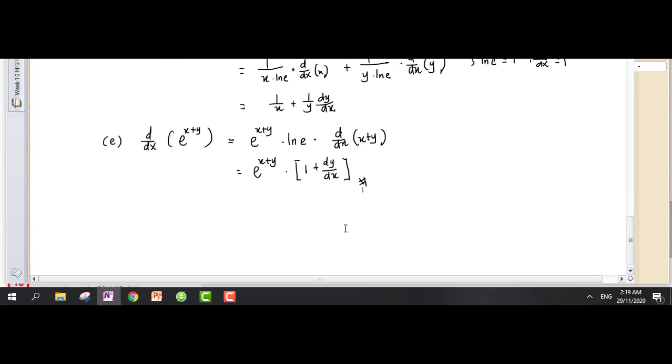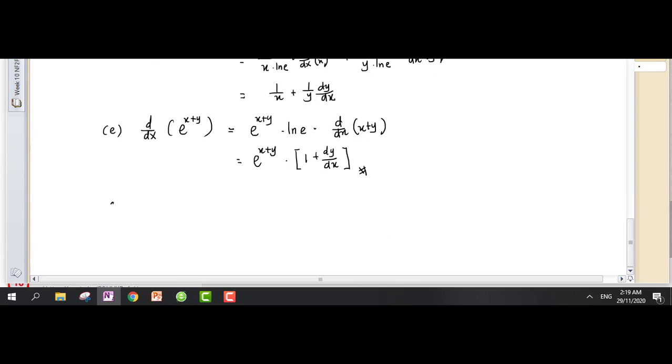Okay, and come to the last one. Differentiate a trigonometry function, sine of x minus y. Differentiate sine, we get cos. So cos of x minus y, and differentiate the function under the trigonometry.